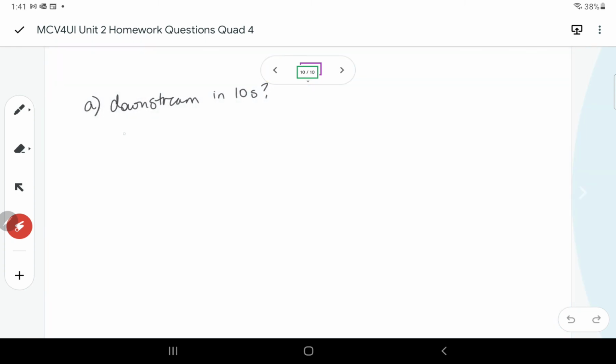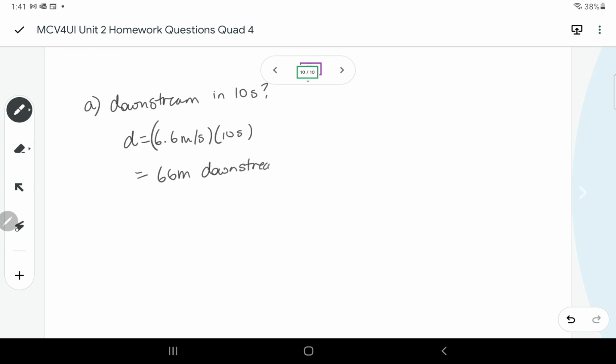So I would say the distance is 6.6 meters per second times 10 seconds. So you would go 66 meters downstream in 10 seconds.